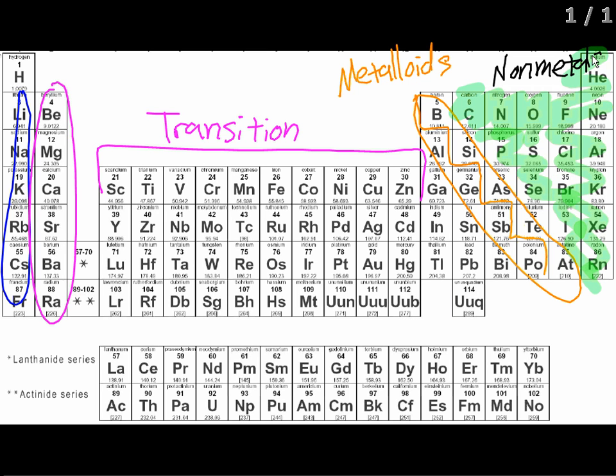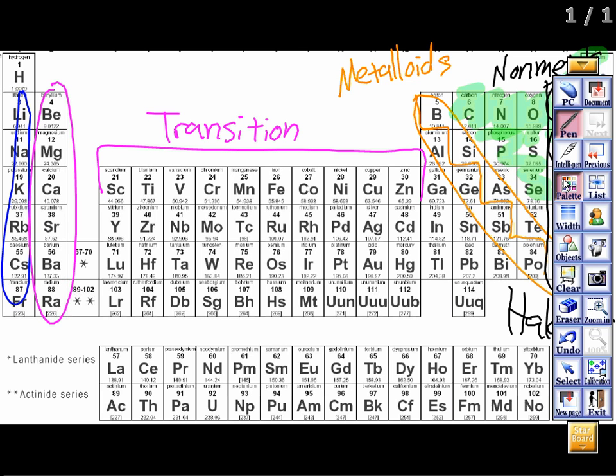There's only one special nonmetal group, and that's this group right here, called the halogens. Halogens contain things like chlorine and fluorine. They are their own special group because the halogens are the most reactive nonmetals.